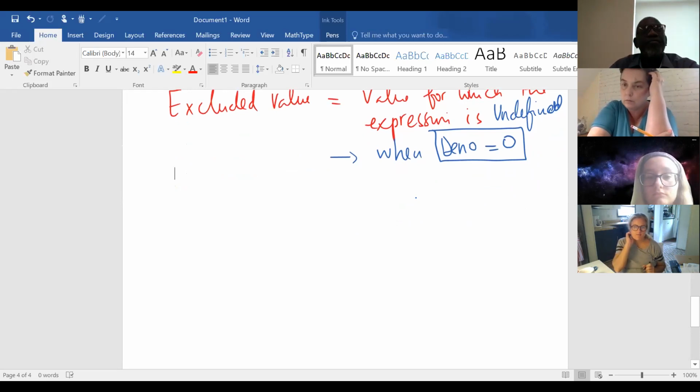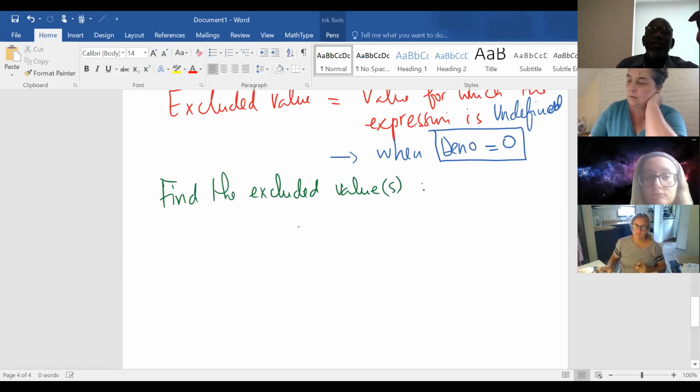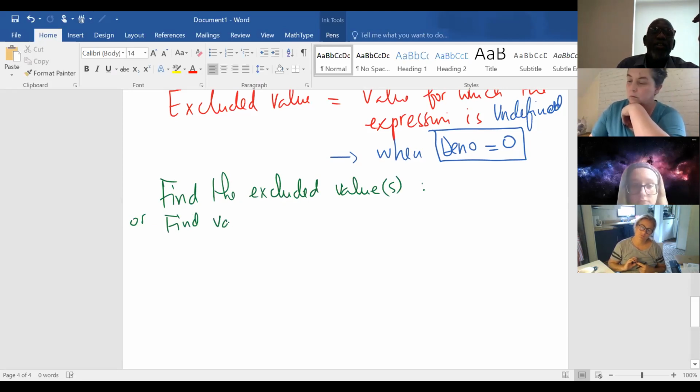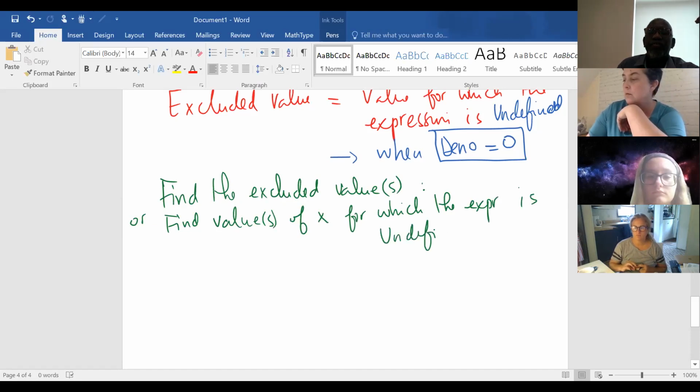So for instance, if I say, find the excluded values, or in my open math, you can say, find values of x for which the expression is undefined, these two questions are the same, okay?